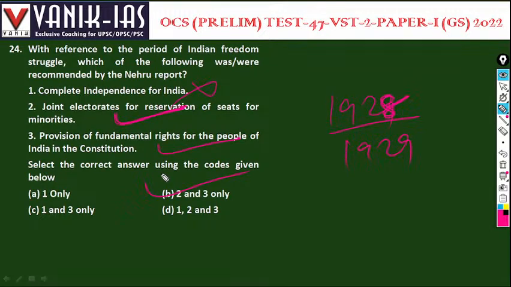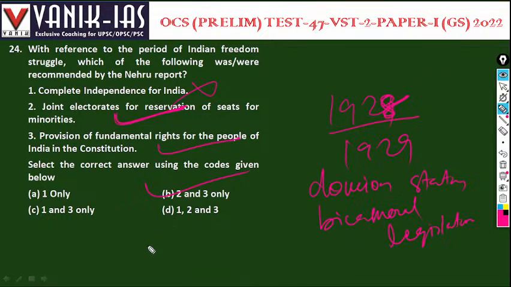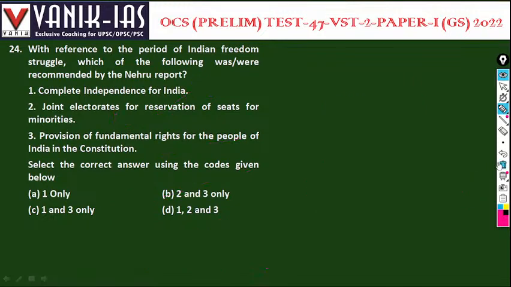It also stated there will be a bicameral legislature, dominion status was demanded, and a federal form of government. These all were demanded by Nehru.